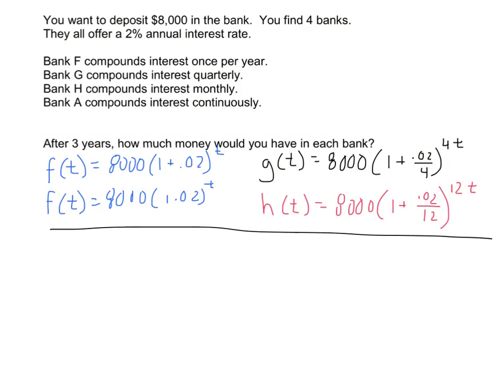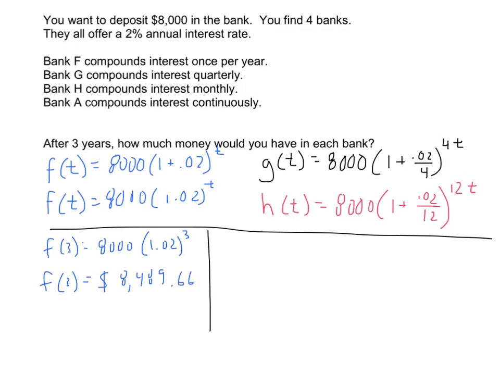So if we were to calculate for 3 years, what would happen? f of 3 would be 8,000 times 1.02 to the 3rd power, and when you plug that into your calculator, you get $8,489.66.